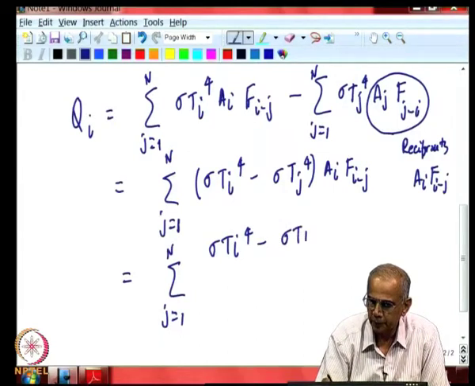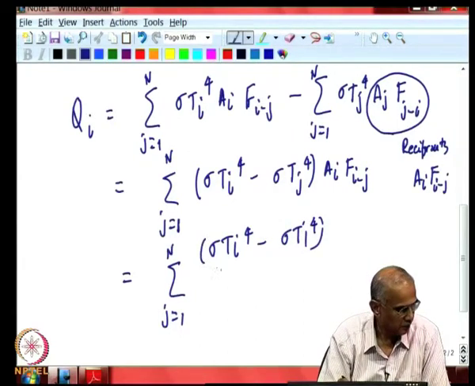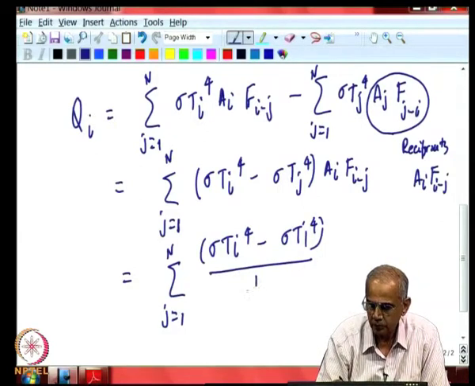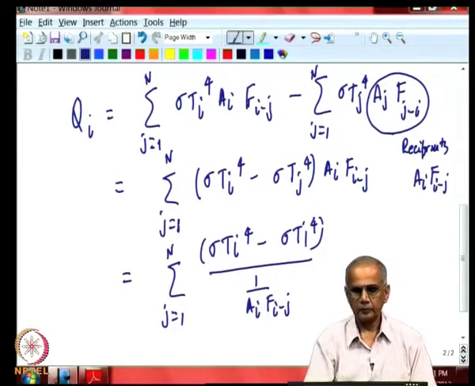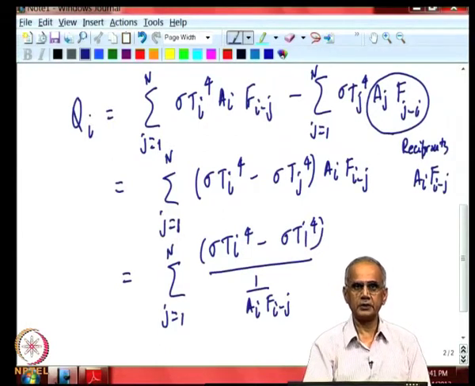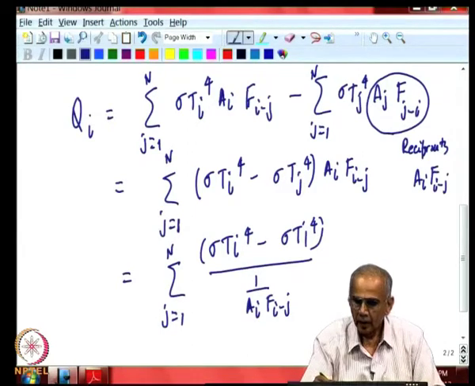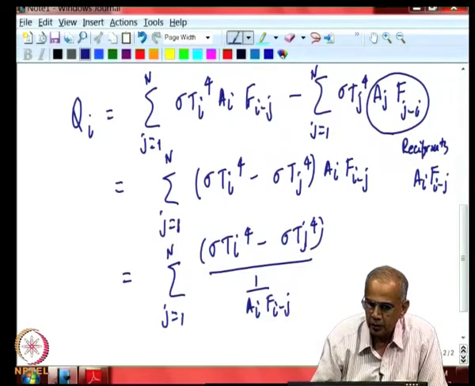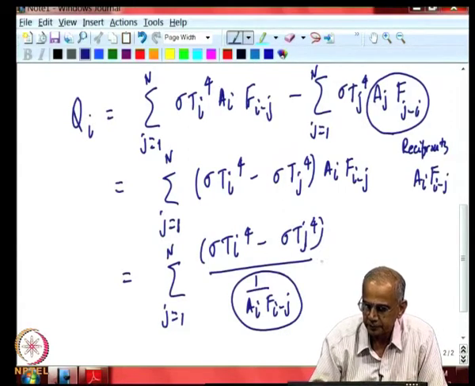which enables us to interpret it physically. Why have I written it this way? We want to now interpret this result which we have obtained regarding radiative transfer between different surfaces as the potential difference between the node I and the node J divided by a resistance.